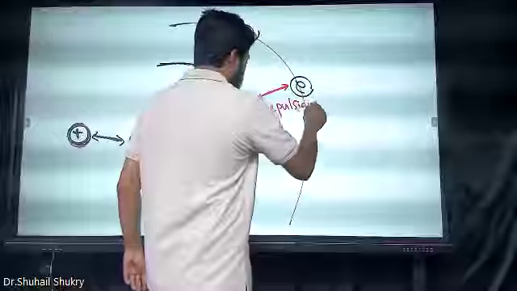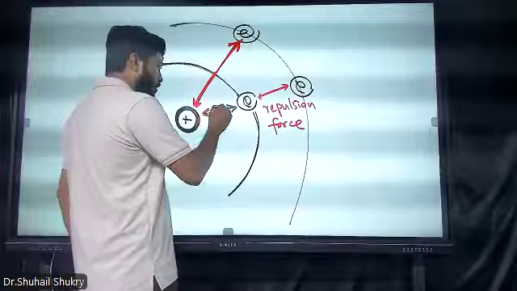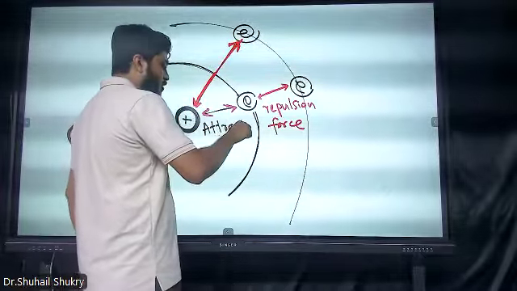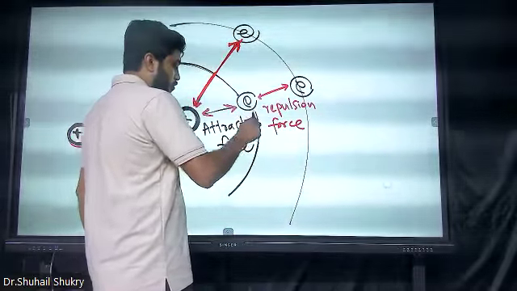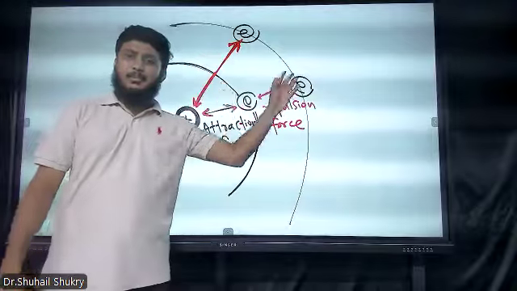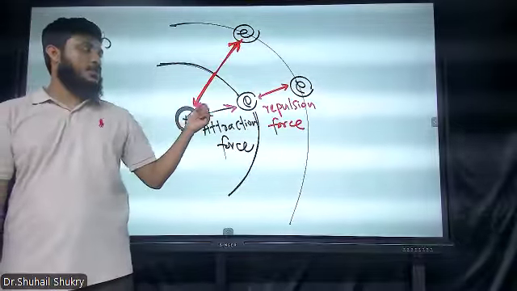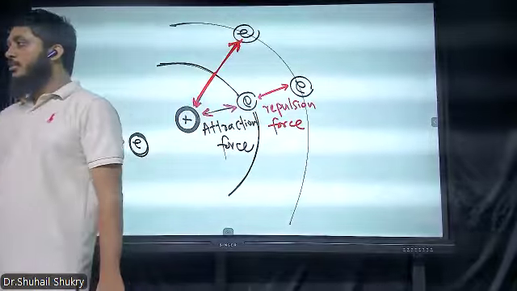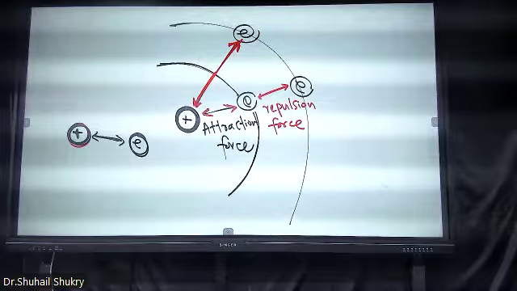Between the nucleus and the electron, what do they have? Attraction force. So you should understand what is repulsion force and attraction force, because they repel this electron and won't allow it to feel the actual nuclear charge. So this is known as the shielding effect.